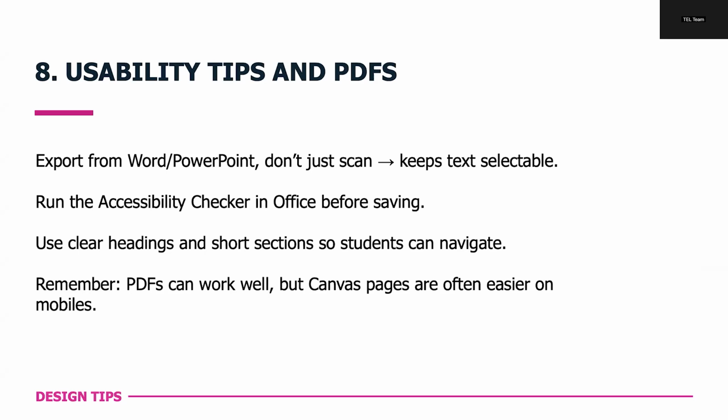That just means that your content within the PDF can be indexed and used by an accessibility tool. And you can use accessibility checkers in any of these tools: in Adobe Acrobat, in Office, or on the Canvas side, you can use UDOIT to do an accessibility check as well.